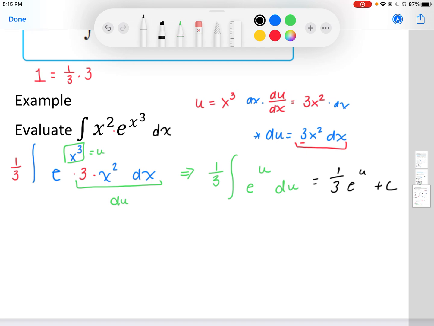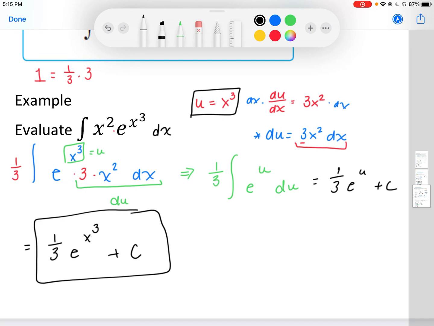Let's go ahead and make that u replacement. So then we're left with 1/3 e raised to the u power. u was just x cubed. And there we have it.